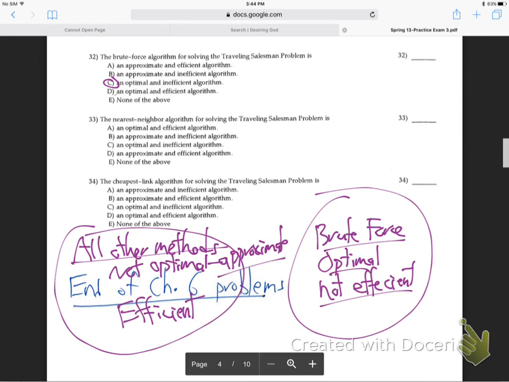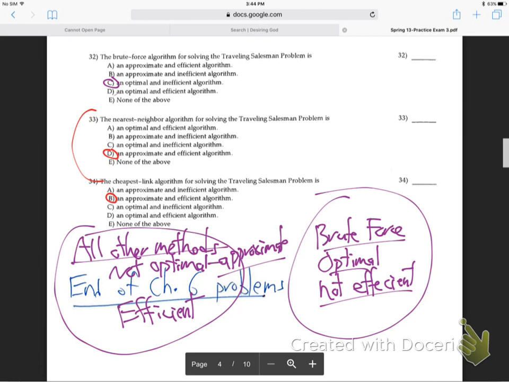33. Nearest neighbor, cheapest link. These are going to be the same. All the other methods are what? Approximate, but efficient. D. They're not optimal. They're approximate, but they're efficient. And B. They moved them around on 34. It's the same answer on both of them.